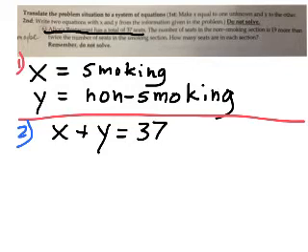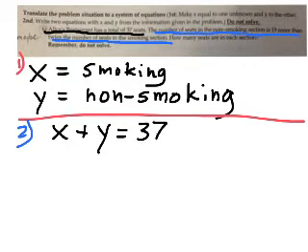So the number of seats in the non-smoking section is 19 more, and the non-smoking section is our y, right? Let me underline that. The number of seats in the non-smoking section is 19 more than twice the number of seats in the smoking section. That's where our second equation is coming from.